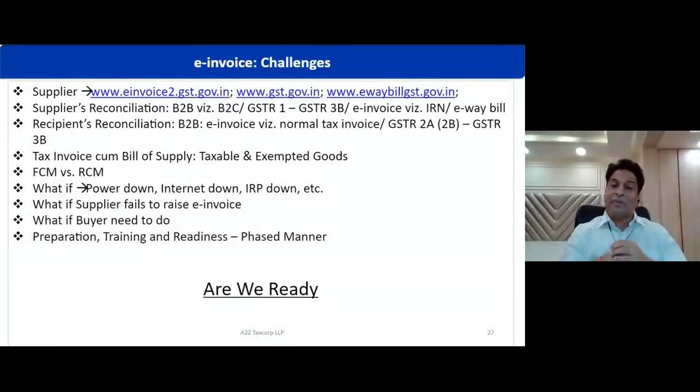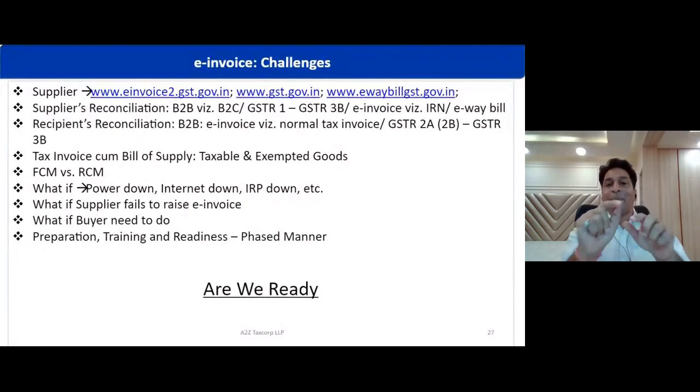Forward charge method versus reverse charge method. I'm a supplier. My aggregate turnover is more than 500 crore. But let's say my outward supply falls under the reverse charge method, like advocate, like GTA. I'm giving an example: my outward supply falls under the reverse charge method, and aggregate turnover is more than 500 crore.